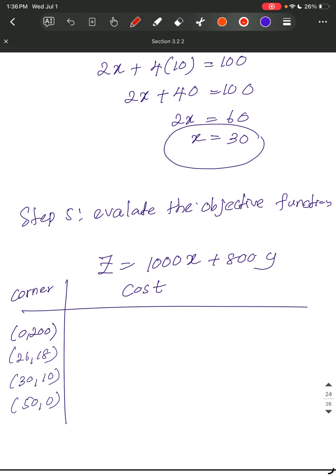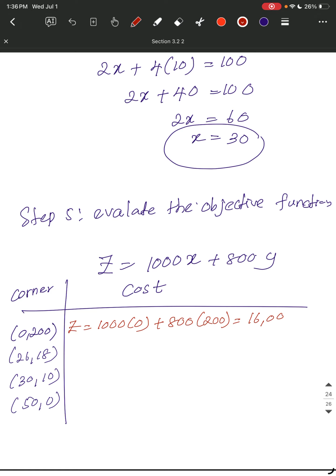Okay, let's evaluate then. Z equals 1000 times 0 plus 800 times 200. So 16,000. Z equals 1000 times 26 plus 800 times 18, $40,400.